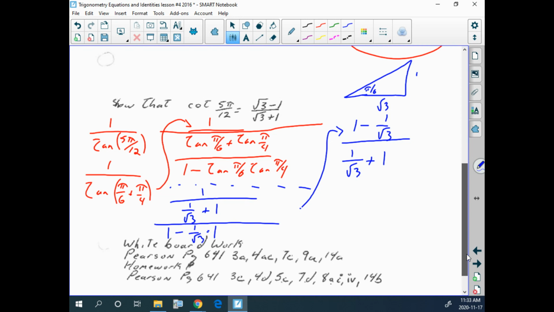What do you need to simplify the numerator and denominator? You need a common denominator. So this can be written as square root 3 over square root 3. So we have square root 3 minus 1 over square root 3 over 1 plus square root 3 over square root 3.